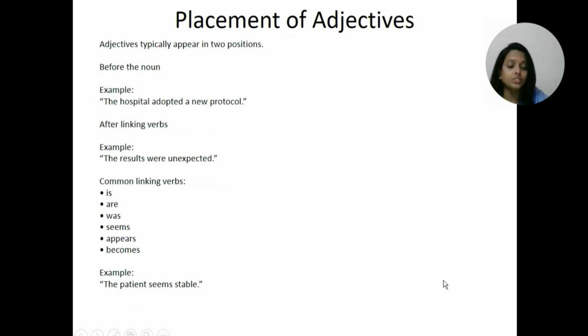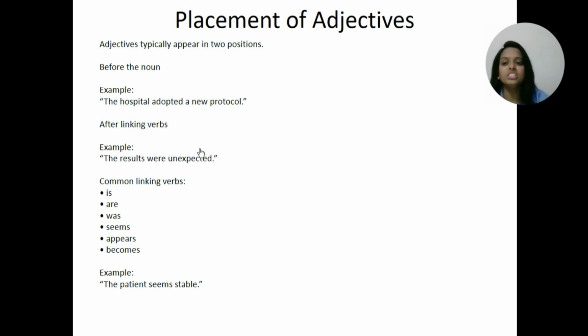And placements of adjectives in sentences. So this also needs to be addressed appropriately, because placement of adjectives in sentences shows good grammar connection, good structure. Okay, so they typically appear in two positions. You cannot use it randomly anywhere. Either before the noun or after the linking verb.